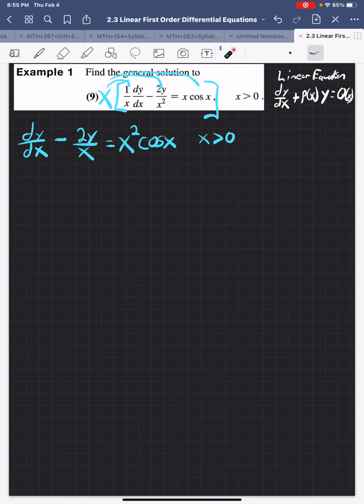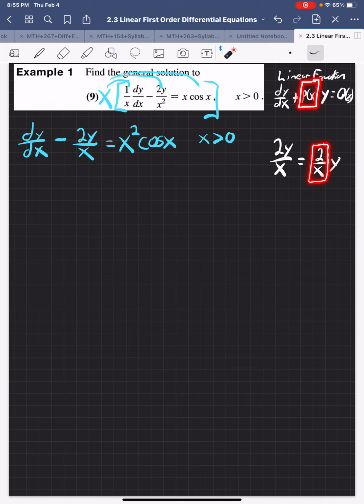But look, we can rewrite 2y over x as 2 over x times y. And if that's the case, see how this 2 over x is a function of x, which is exactly what we needed it to be.